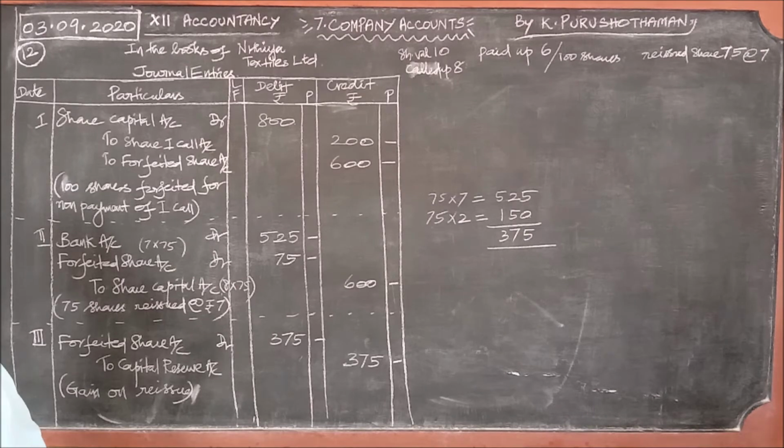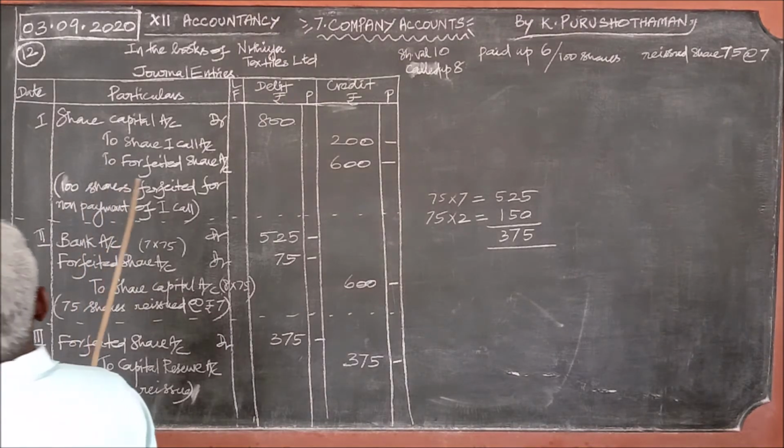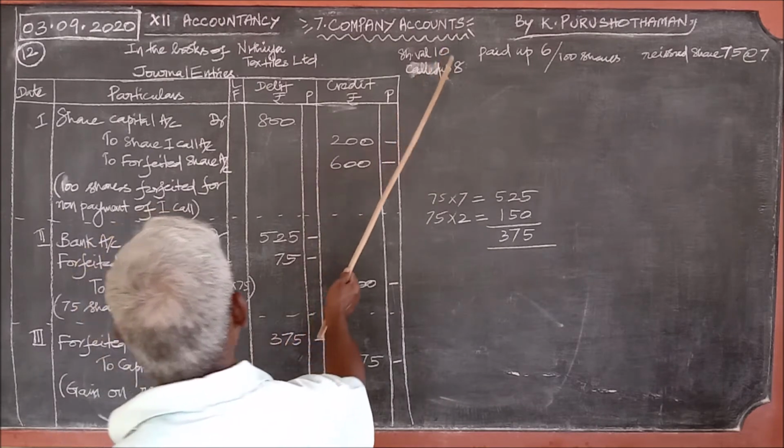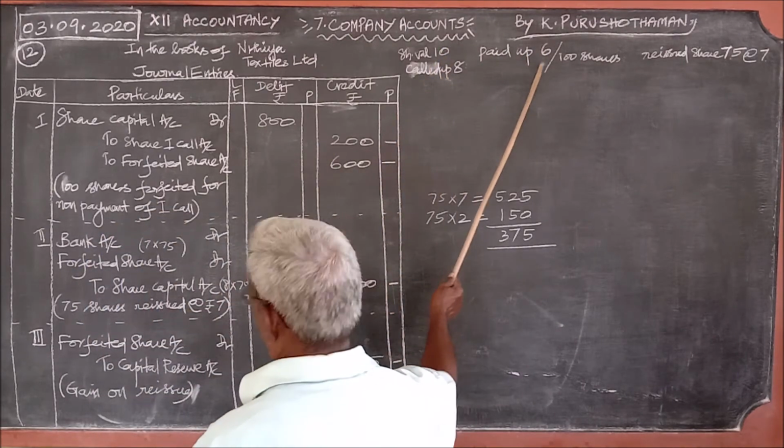What it says is that Nitya Textiles Limited forfeited 100 shares of rupees 10 each, on which the shareholder had paid application and allotment money of rupees 6 per share. From this you should interpret what? Called up amount is 8 rupees, but paid up is 6.